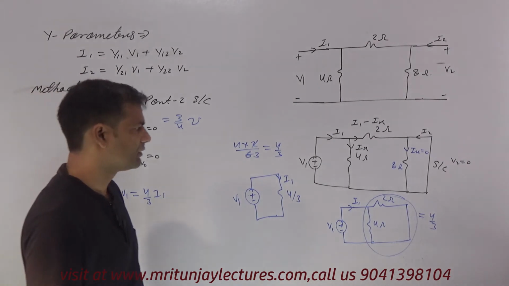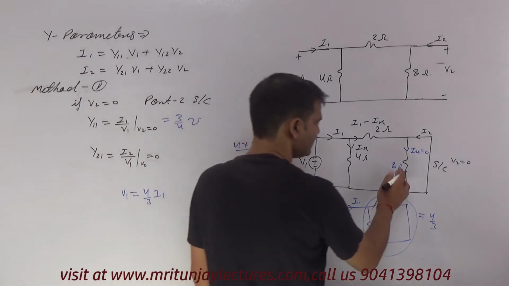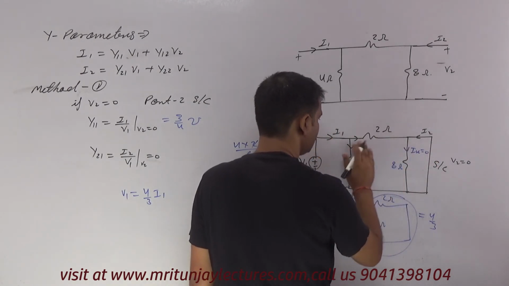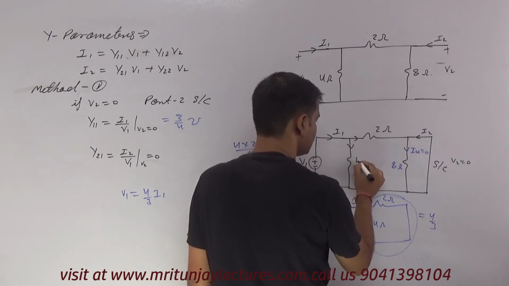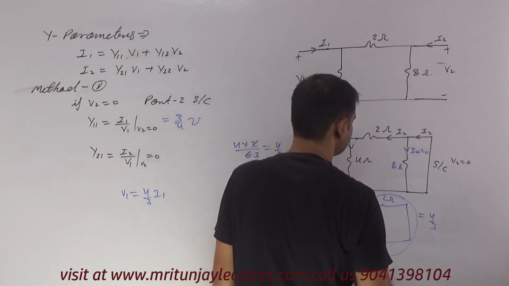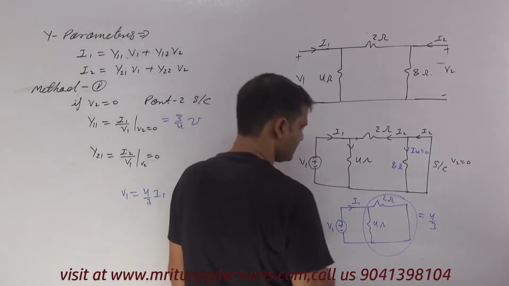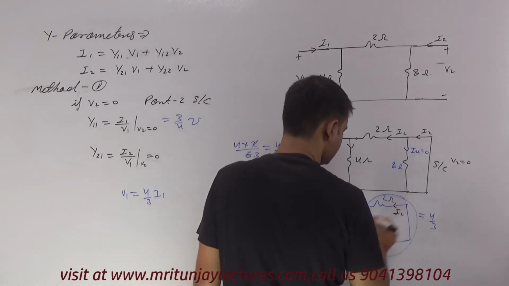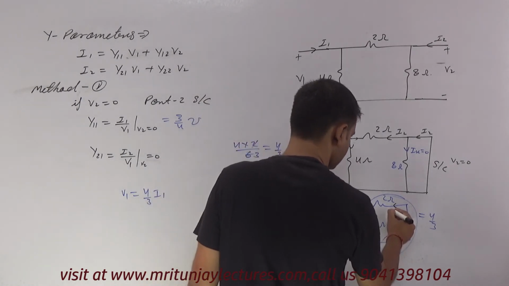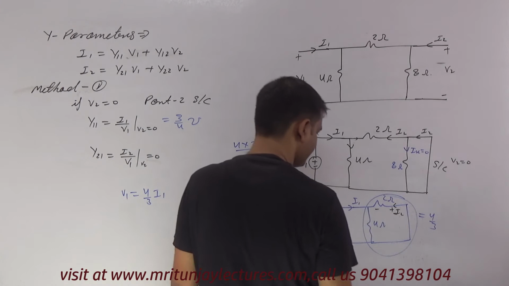Okay, clear or not? This one is a dummy, no current flows, meaning the total current flows through the 2 ohm resistor. So very simple, here you can say that is I2. Now I2 flows from positive to negative.